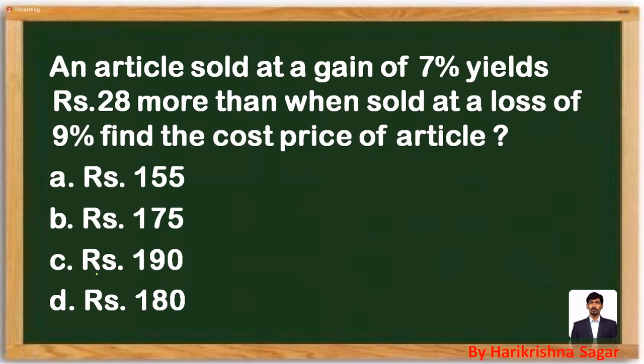An article is sold at a gain of 7% yields 28 rupees more than when sold at a loss of 9%. Find the cost price of the article.